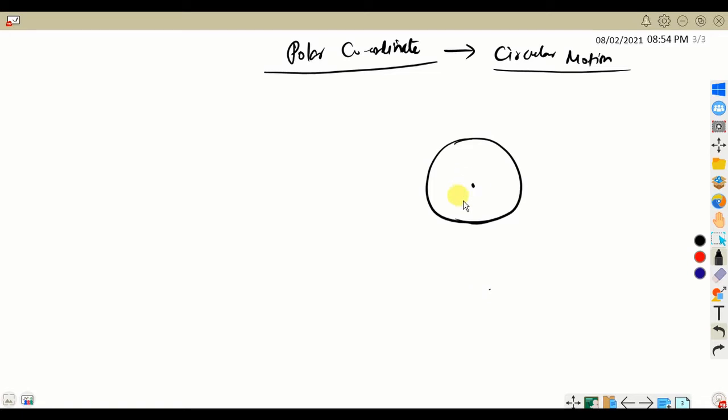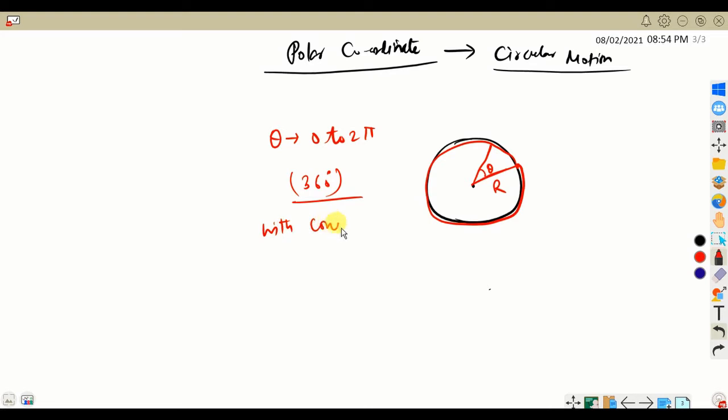You have some center, and about the center there is a radius, which is constant, and it makes an angle theta, and this theta for a complete circle goes from 0 to 2 pi. If you move from here and come right back here, it means you have completed one revolution, making an angle of 2 pi, meaning 360 degrees at the center, with constant radius r.